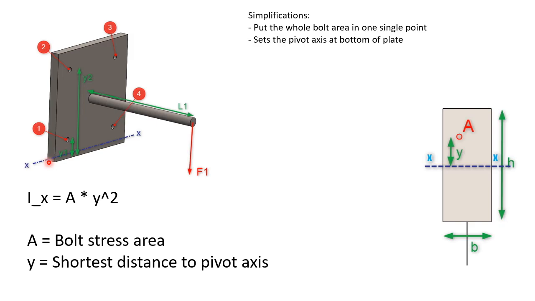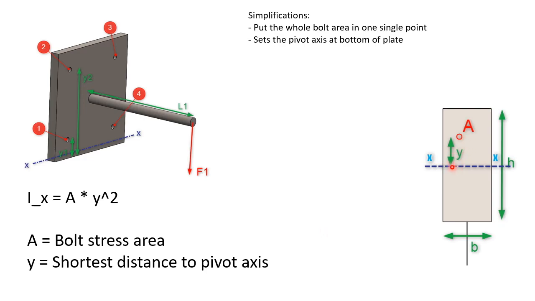So what I'll do now is calculate the second moment of area, which is done by this. I take the area of the bolt and multiply it with the distance from the pivot axis squared, and I sum 1, 2, 3, 4 of them. Here I've just said what it is: A is the bolt stress area, and Y is the shortest distance to the pivot axis.